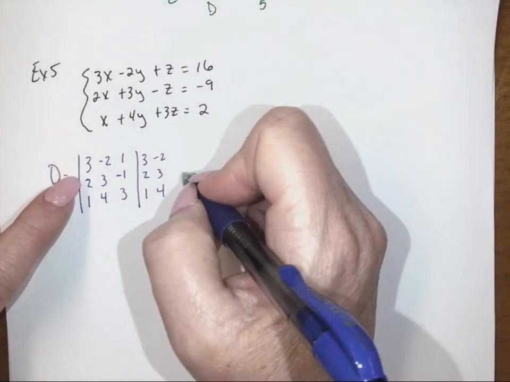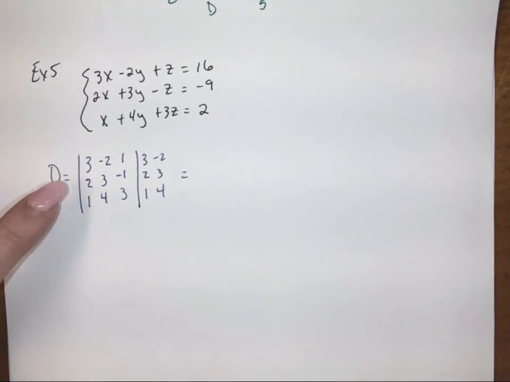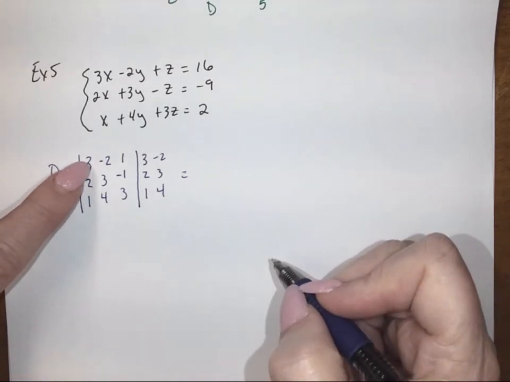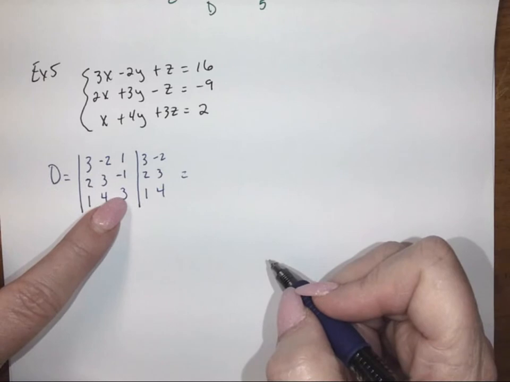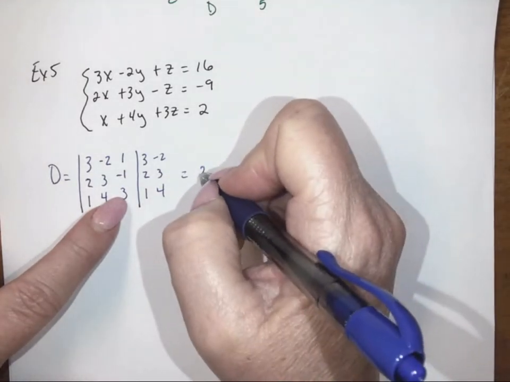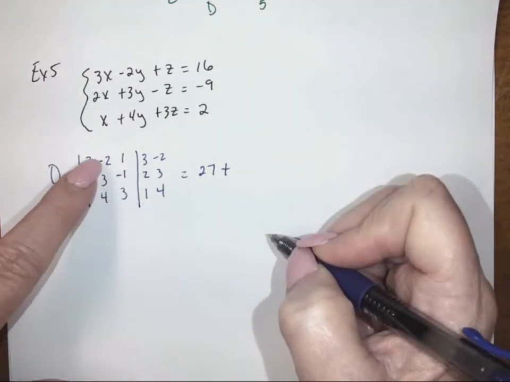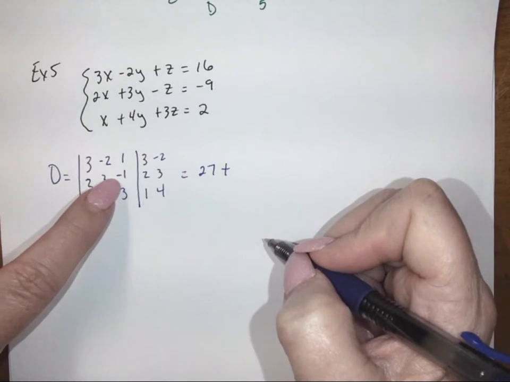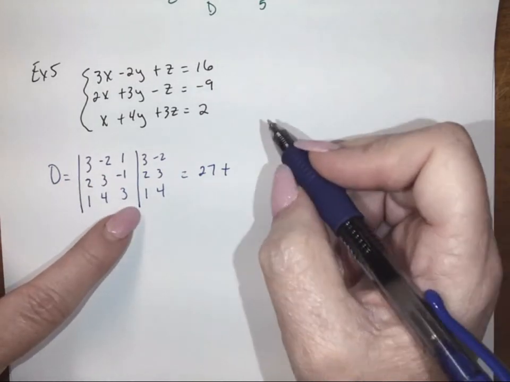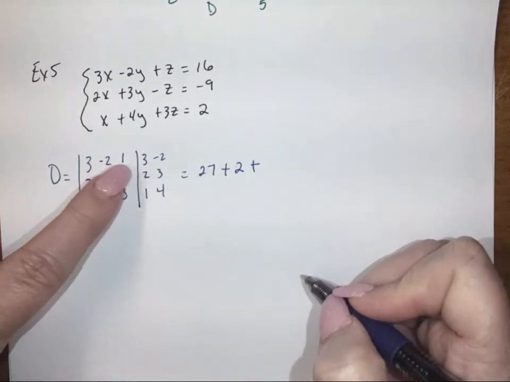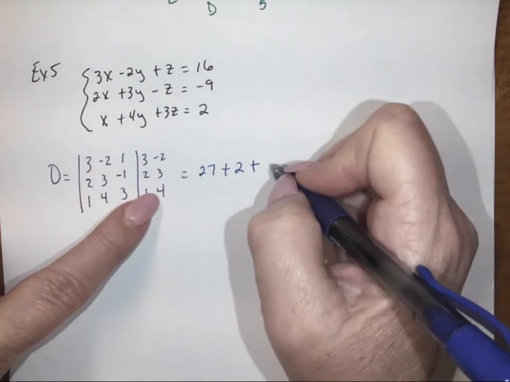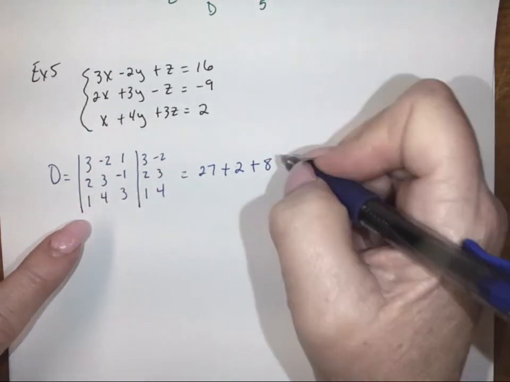So we're going to do this one the same way we did the y and the z on the previous one. We have 3 times 3 times 3, which will get us 27, plus -2 times -1 times 1 will be 2, plus 1 times 2 times 4 is 8.